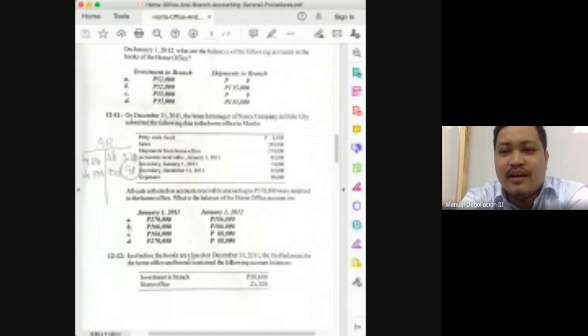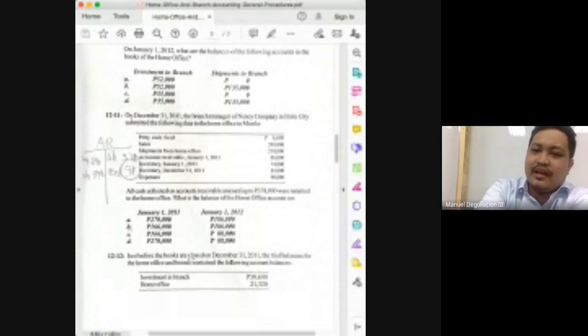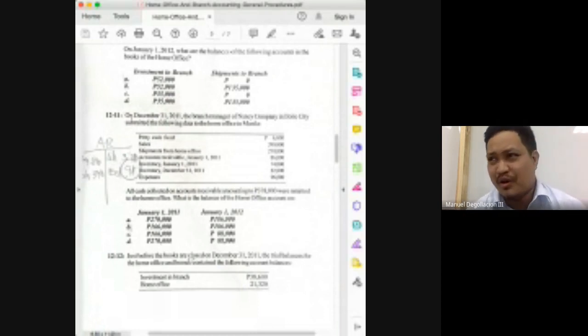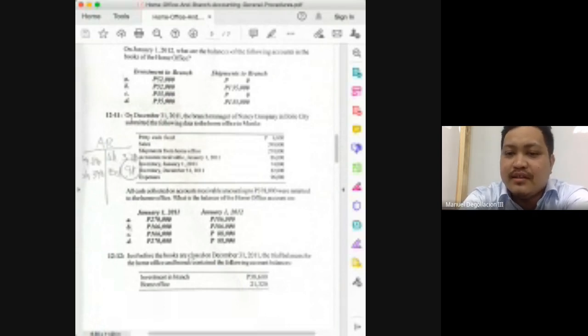All cash collected, amounting to 378. Will collections affect receivables? Yes. So 86 plus 390 minus 378. That should give you the ending balance of your accounts receivable. How much would that be, class? 98,000.